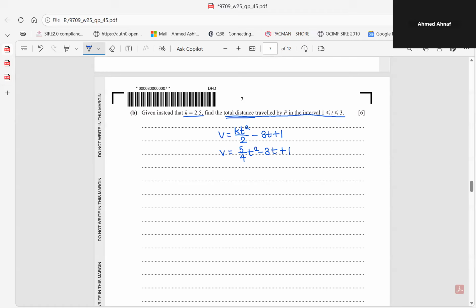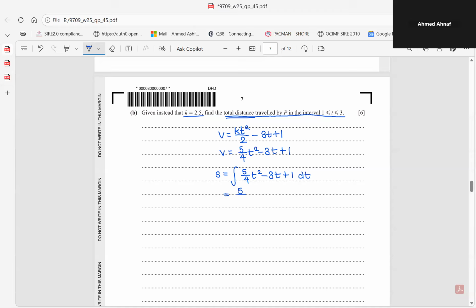Now we can just find our expression for displacement. So this is going to be the integral of 5 over 4 t squared minus 3t plus 1 dt.